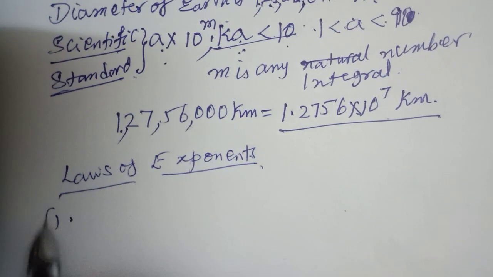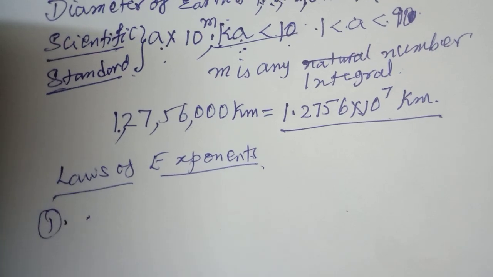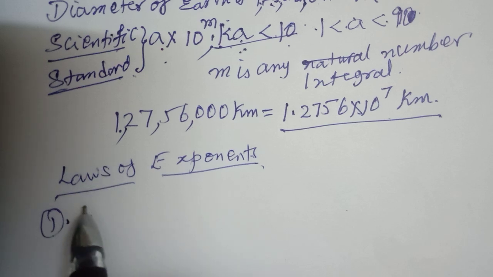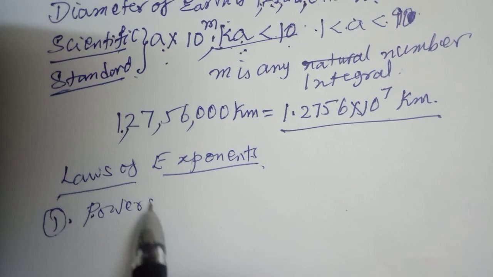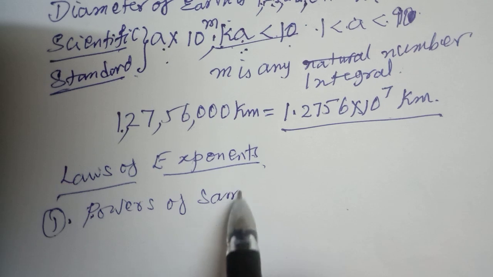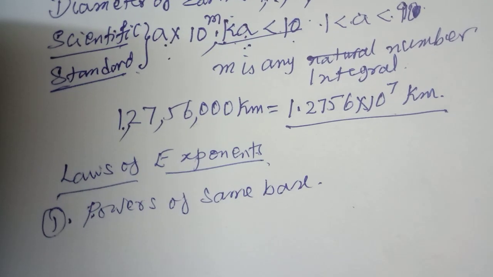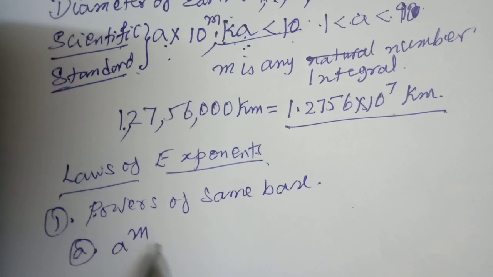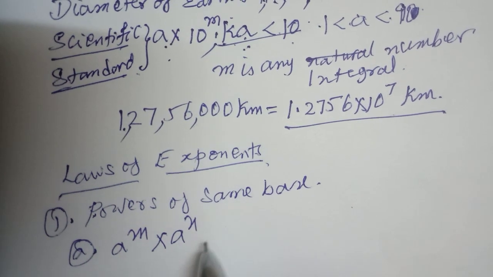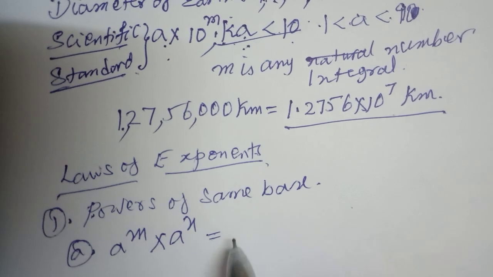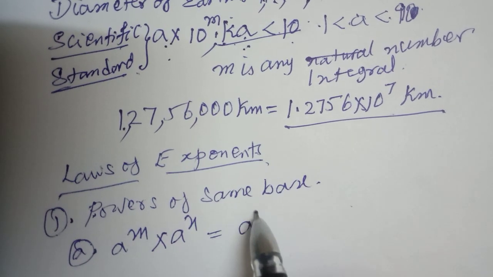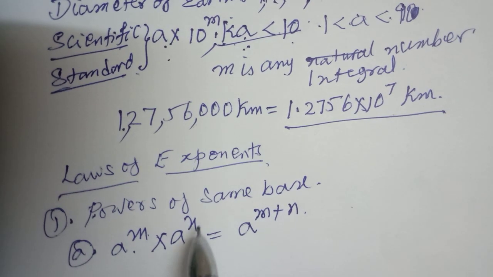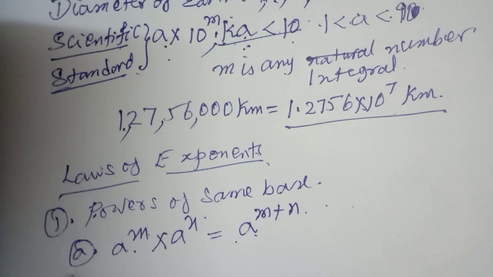We know the first law says, powers of the same base, in this we have three conditions. So the first condition is a to the power of m into a to the power of n. We know the formula: a to the power of m into a to the power of n is equal to a to the power of m plus n.